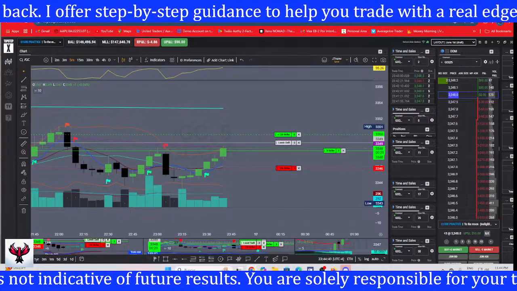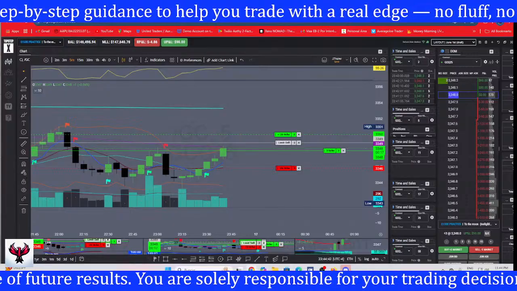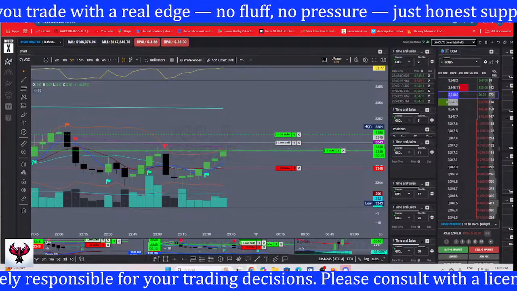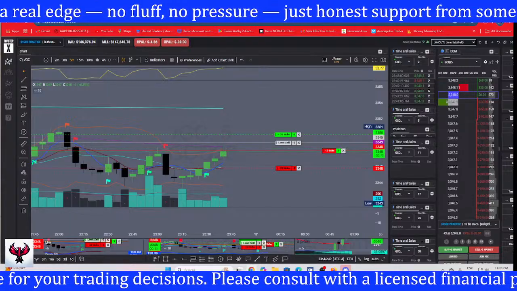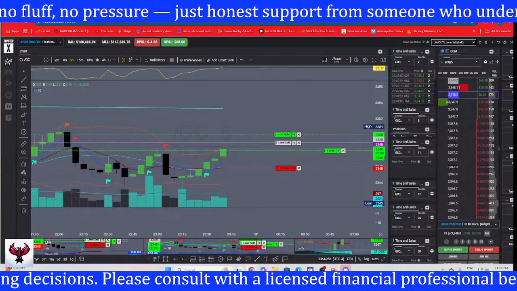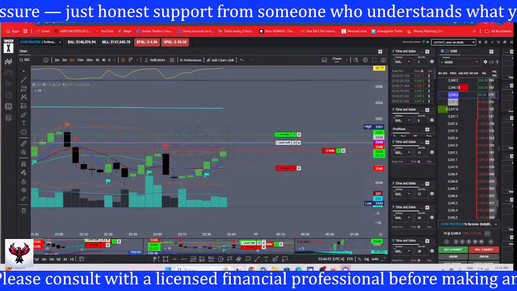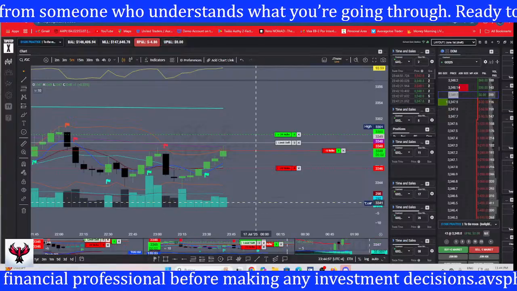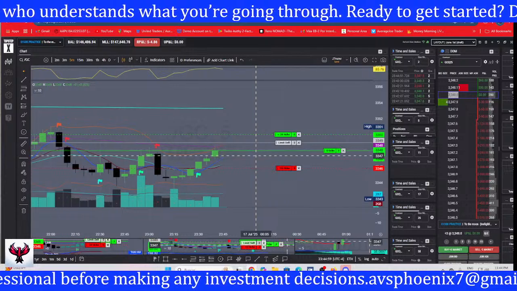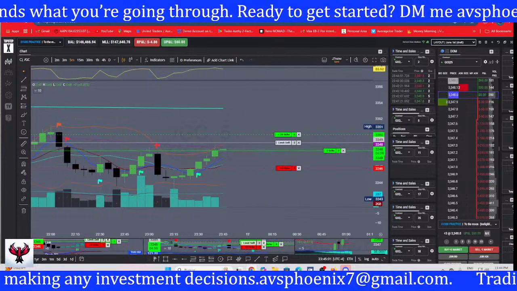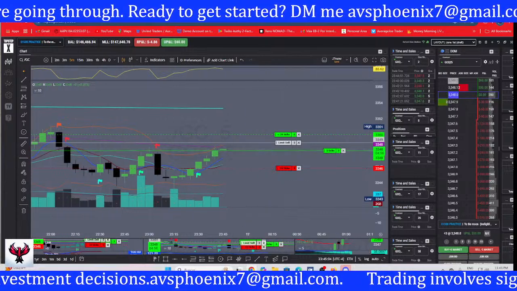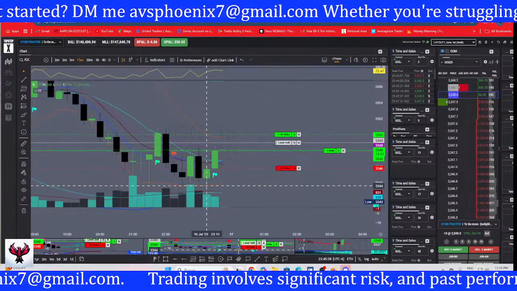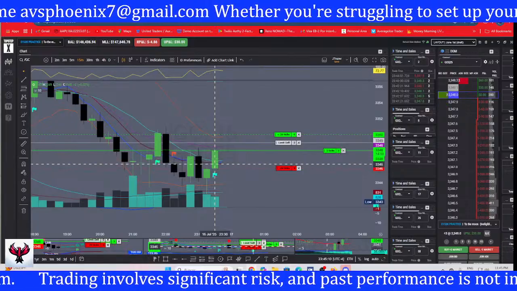So I've got oil, NQ, ES, YM, RTY, and gold. So I saw, on the 15 minute candle, I saw this one, I saw this one, and I saw this one.